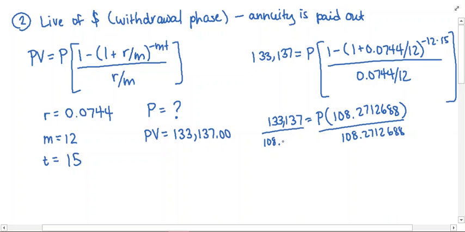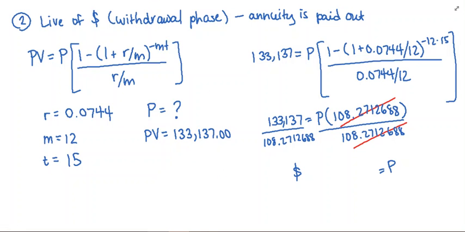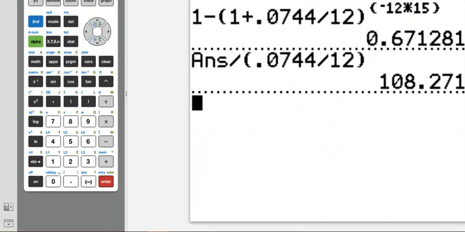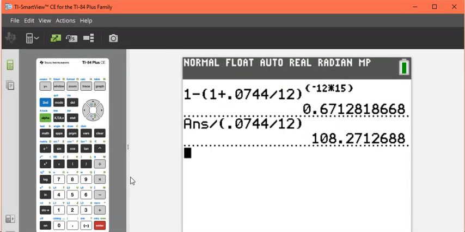So let me squeeze this number in here, and then we can go to our calculator. On the right, this decimal will cancel with this one and leave you with P. Now let's go to our calculator. I need to use this previous answer, so I'm going to hit 133,137 and divide by this 108.27 something number.